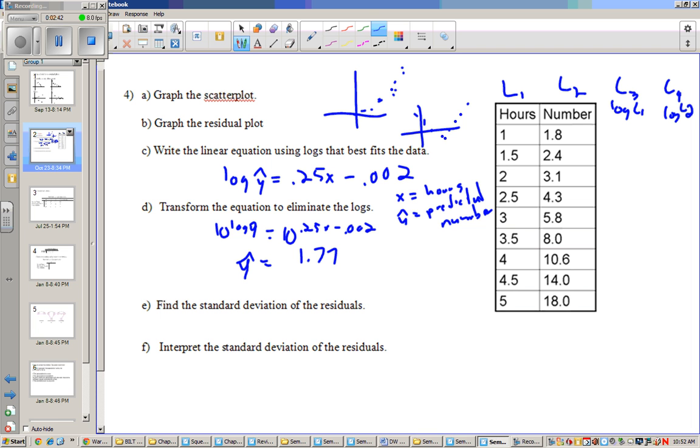And then 10 to the negative 0.002 is about 0.995. So this would go down, but the x is still up here. And then we'd have 0.995 multiplied in front. Now we don't figure out standard deviation, we'll do that later. But that's about all we want you to be able to do in Chapter 4.